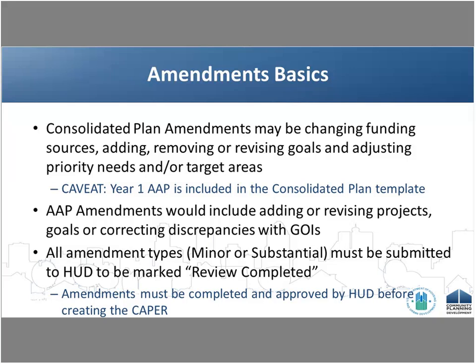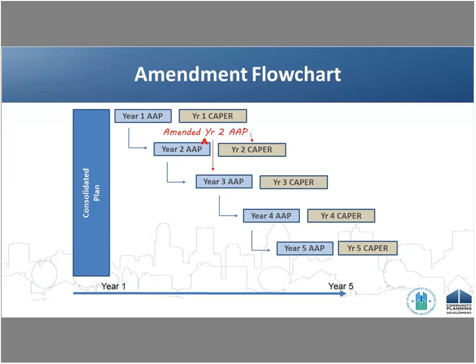Okay. So lots of moving parts there. You want to talk a bit about how they flow from one to another? Remember all those moving parts there of action plan, connects to con plan, connects to CAPER. Yeah, absolutely. First, going off the past slide, it's also really important to note that the amendments should be created and approved by HUD before grantees create their CAPER.